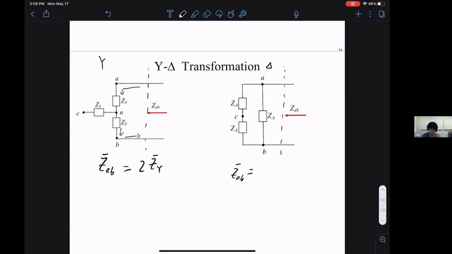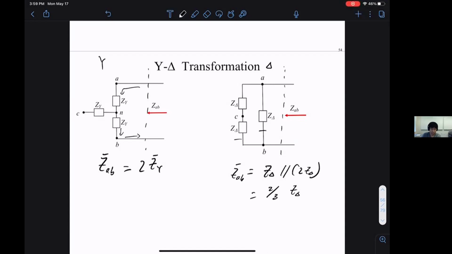This is maybe easier for us to think about conceptually. This is one Z delta in parallel with two of them. I have one load in parallel with two of them, so you can do this computation of 2/3 Z delta.